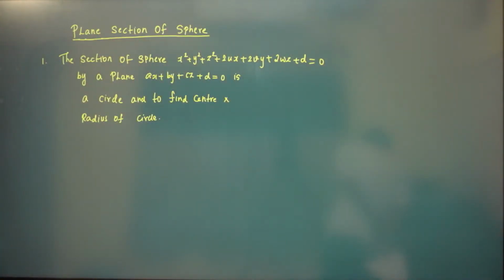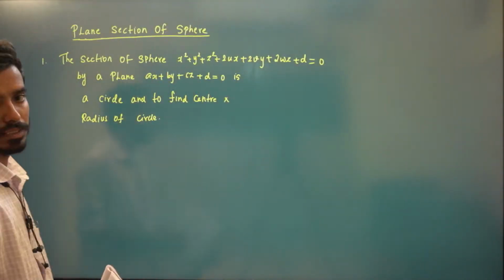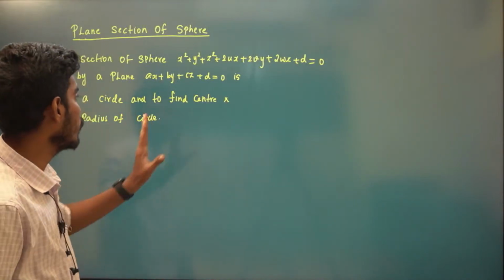So we will have a sphere, and then we're going to cut it by a plane. We will have a circle, and for that circle we're going to find the center and radius.